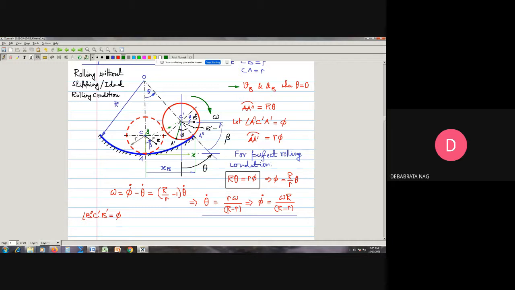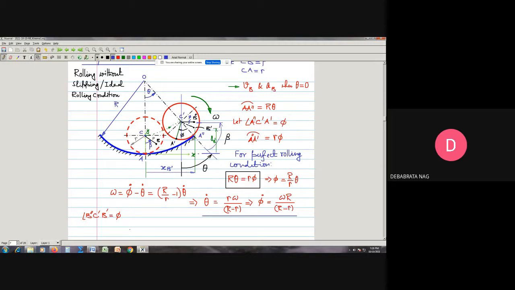That means we draw a horizontal line parallel to the x-axis. Obviously the height between this line and the x-axis will define the Y coordinate of the point B. So let us call this YB dash, and the other one XB dash. That defines the coordinates of this point B dash.